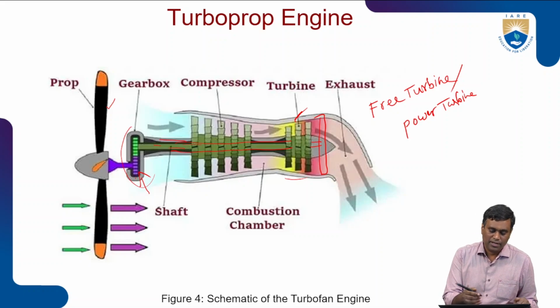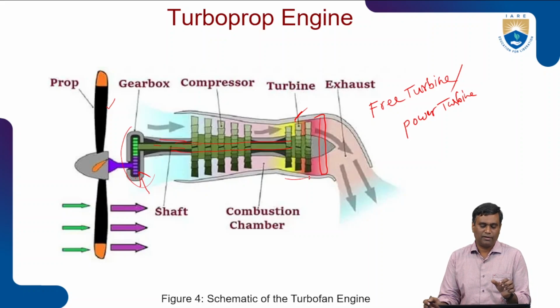That is the reason it is called a free turbine, which means that the primary energy of the exhaust will be converted to mechanical energy and supplied to drive the compressors in this case, and then the leftover energy of the exhaust will drive the free turbine, which is not at all connected to this. And of course, two concentric shafts will be there.